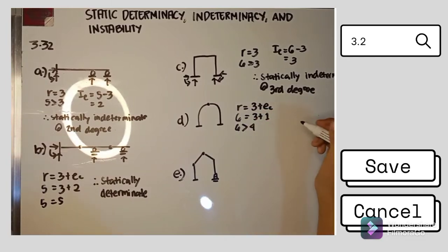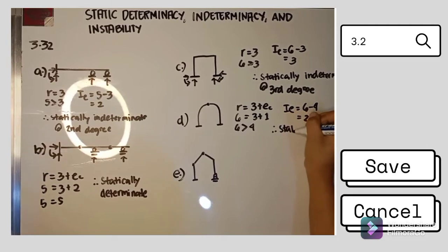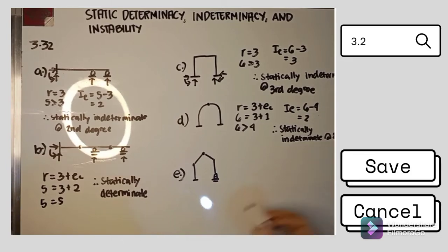Again, this is statically indeterminate externally. So, let's find the degree of external indeterminacy, IE: 6 minus 4 is equal to 2. Therefore, this is statically indeterminate at second degree.